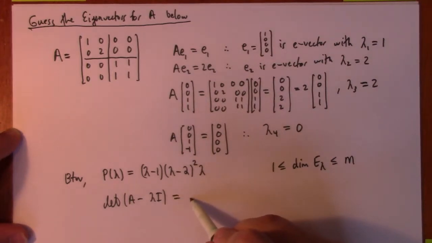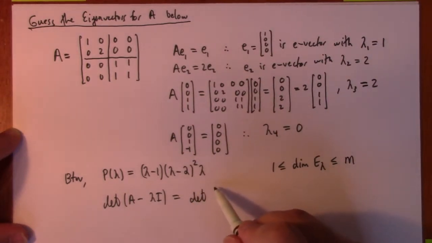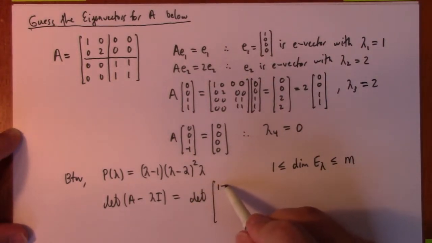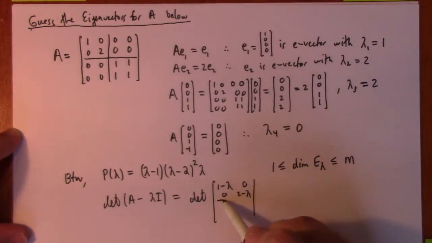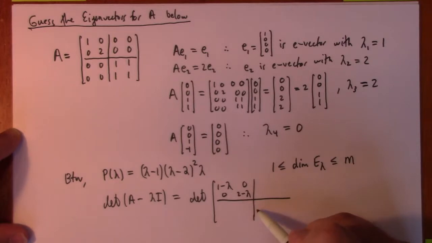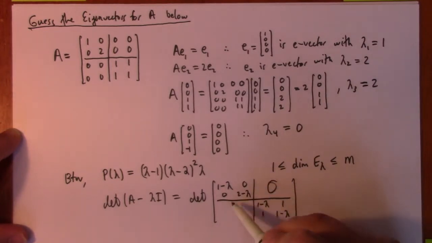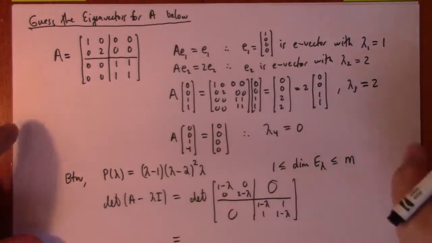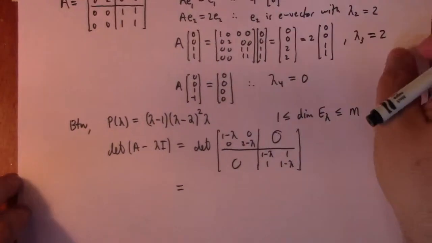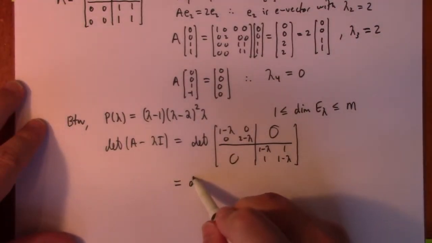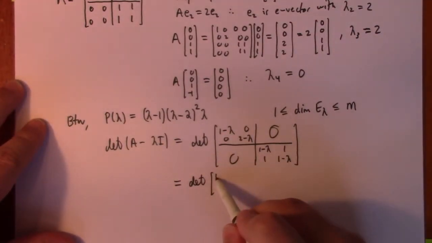In fact, I'll do it. Right, because that's the determinant of 1 minus lambda, 0, 0, 2 minus lambda. Again, I don't need to do this because I just told you other reasons for it, but here it is. Lambda, 1 minus lambda. Oh, Matthew's on the scene. Let's see here, 0, 0. And so that gives me the determinant of the blocks.